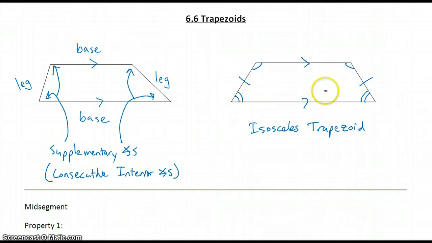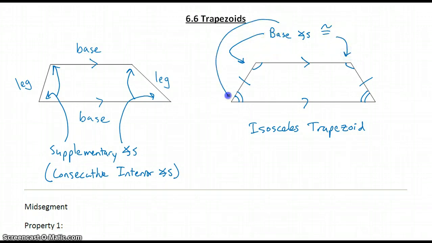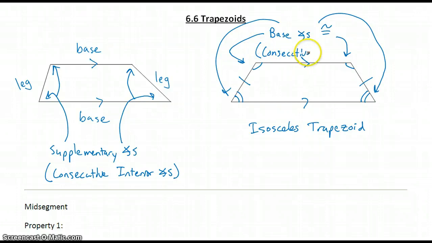So if you look, the base angles will be congruent. Our base angles are also consecutive. So in an isosceles trapezoid, our consecutive angles are congruent.